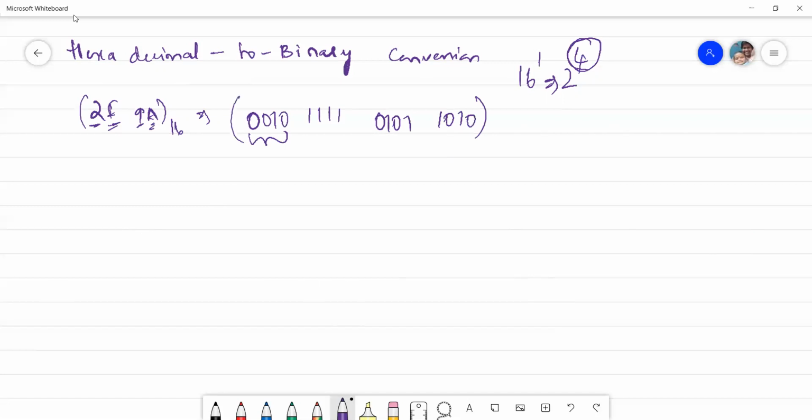So the whole thing is the binary equivalent of the hexadecimal value 2F9A. So what is that number? 0010 1111 0101 1010. So this is binary conversion.